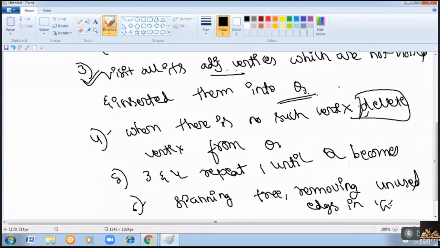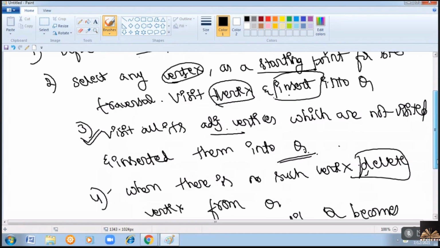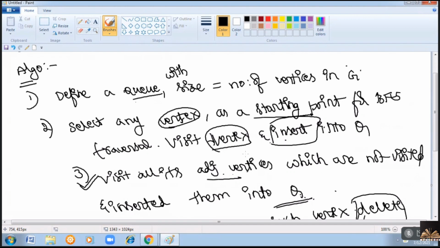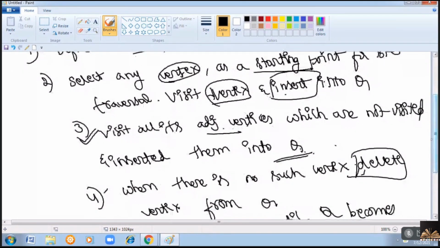Is it clear now? First, you have to define a queue with size as the number of vertices. You can select any vertex in the graph for traversing, and that will be the starting point for the traversal technique. You visit that vertex and insert it into the queue. Next, whatever vertex you have considered for traversing, visit all its adjacent vertices which are not visited and insert them into the queue.